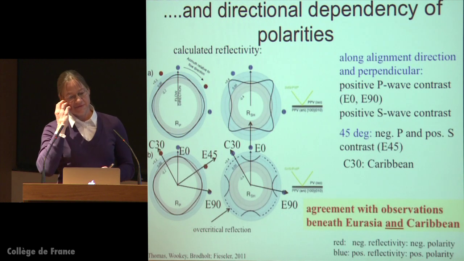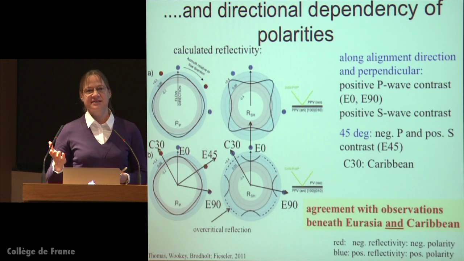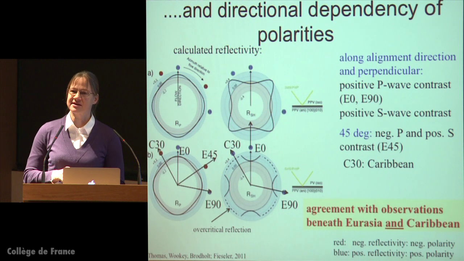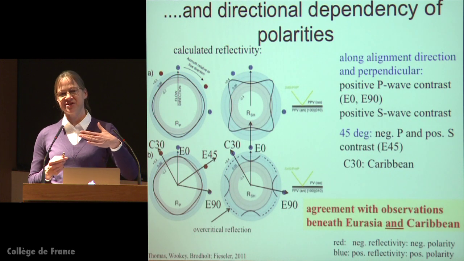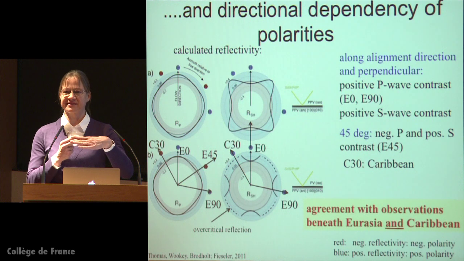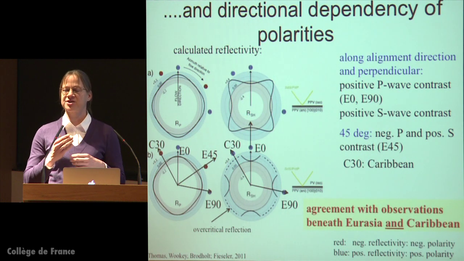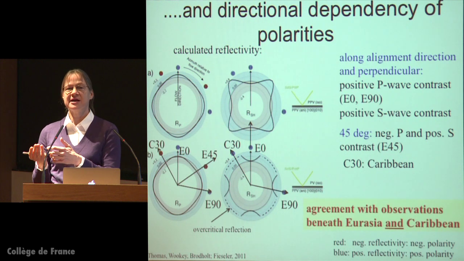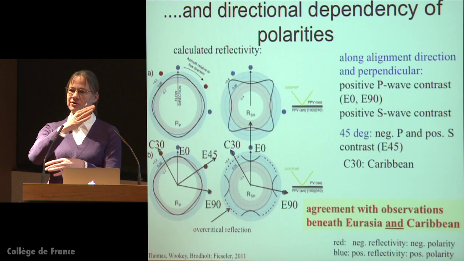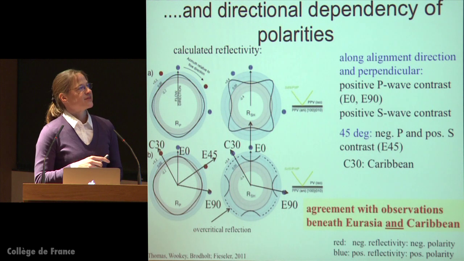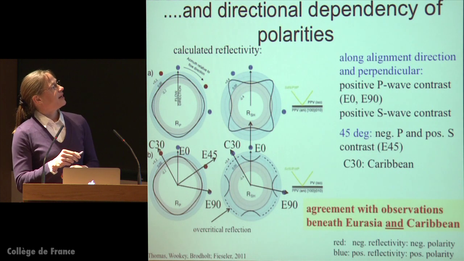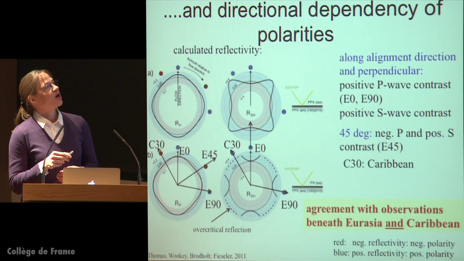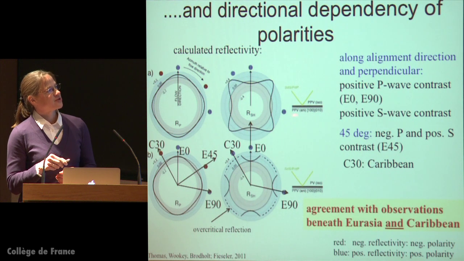So if we look at these directional dependencies on the polarities that I showed earlier, in Eurasia you have these two paths, the north-south path and the east-west path, that showed a positive P-wave contrast and a positive S-wave contrast, but a negative P-wave contrast if you go on a 45-degree angle. Then you can explain that by anisotropy of the post-perovskite phases.